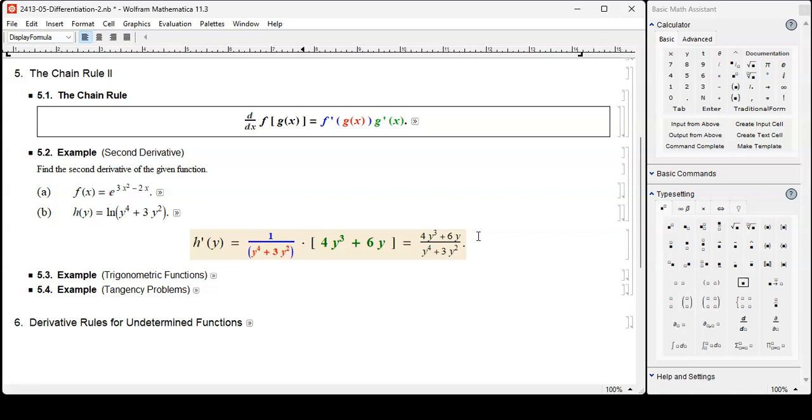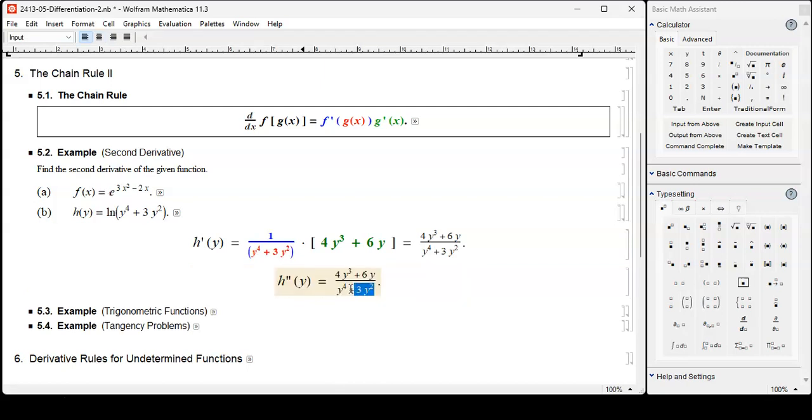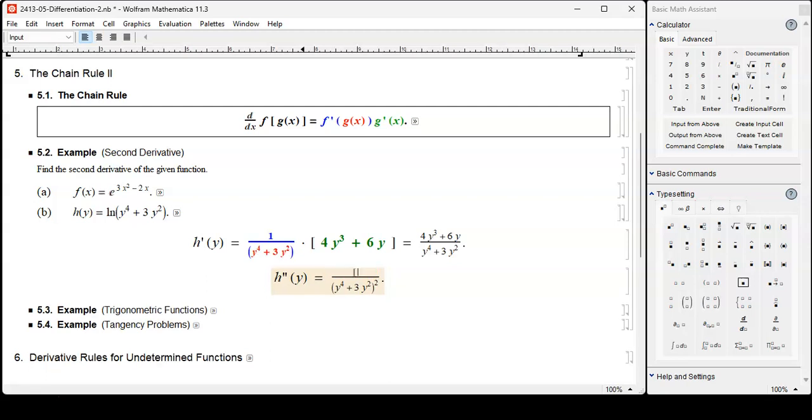Now let's go ahead with the second derivative computation. So what do we have here? We have a quotient rule. From this quotient, denominator squared, and then in the numerator we have u prime v minus u v prime.